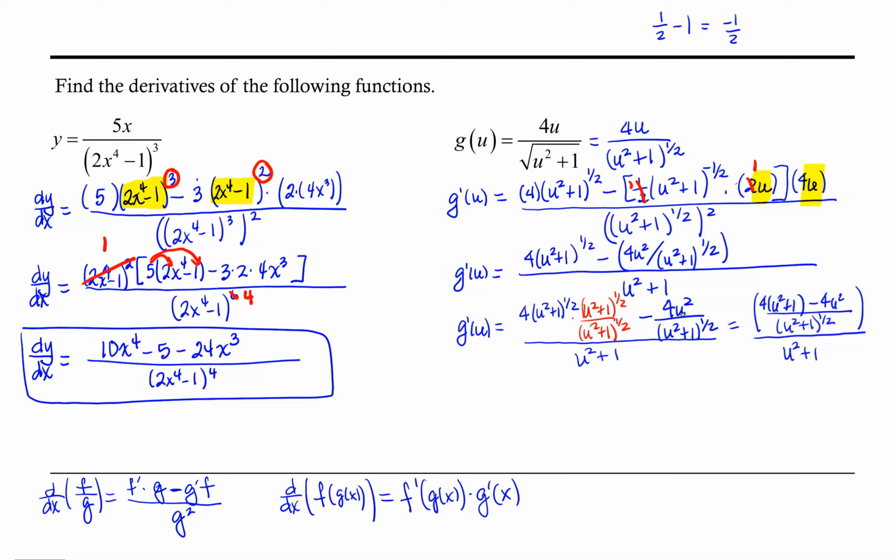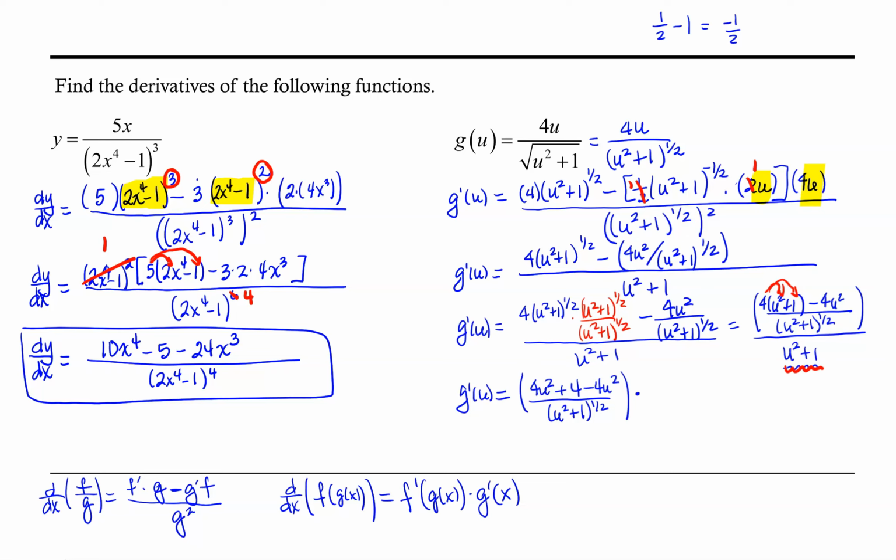Now we're almost there. So our derivative g prime of u is equal to 4u squared plus 4, distributing this 4 into the u squared plus 1, minus 4u squared over u squared plus 1 to the 1/2 times, and now we're going to multiply by the reciprocal of our denominator.